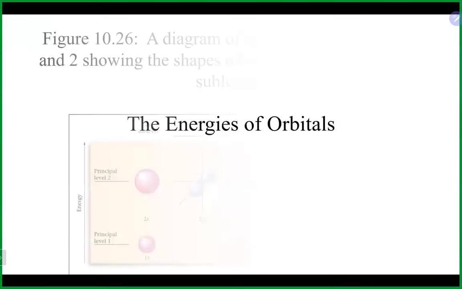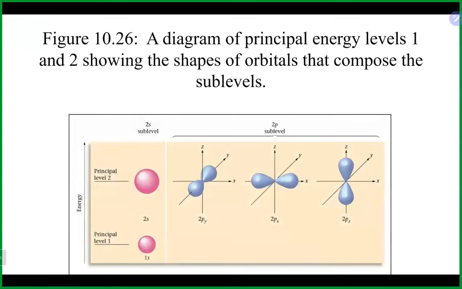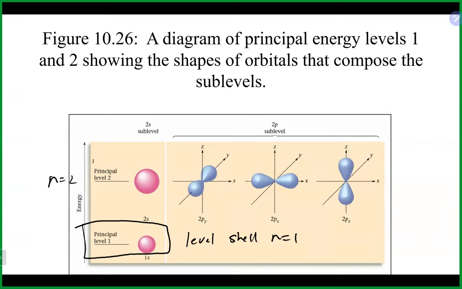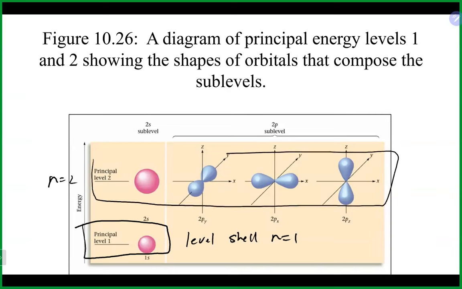All right, so let's talk a little about the energy of these orbitals. And by the way, some other terminology: when we look at something like this, what is sometimes referred to as a level or a shell would be the n equals 1. This is our n equals 2, and every orbital on that would be considered the level or the shell.